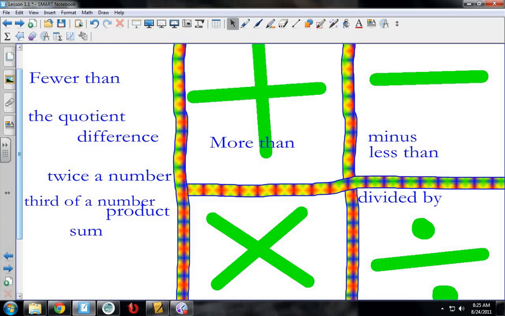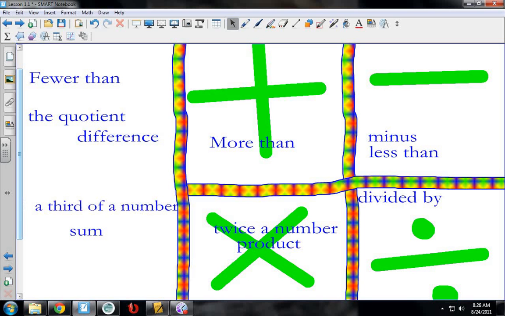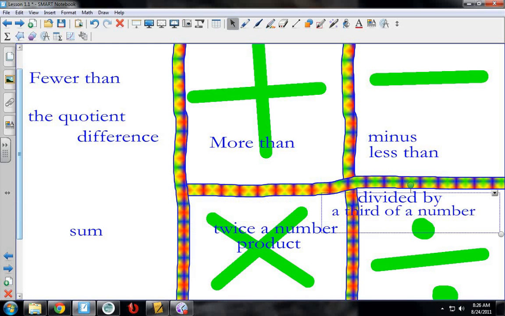There you go. And then you'll be after Ryan. Go ahead and come up and get in line so it doesn't take so long. Twice a number, good. Don't let your finger bounce on it.